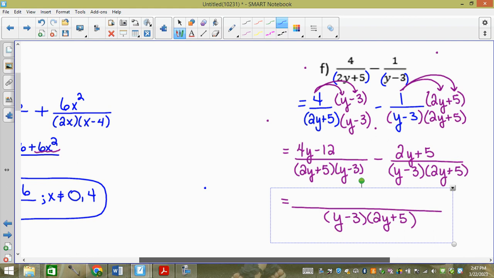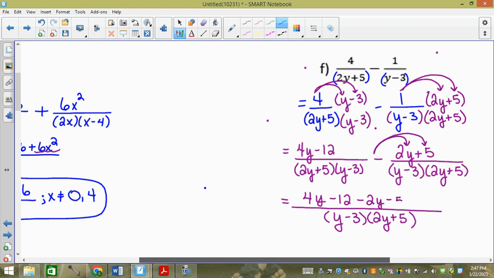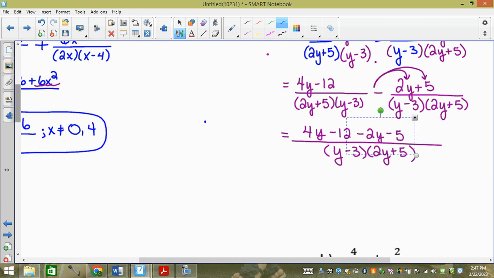And then we're going to get 4y minus 12. And we distribute the minus sign through. Minus 2y minus 5. Then our denominator is y minus 3, 2y plus 5.